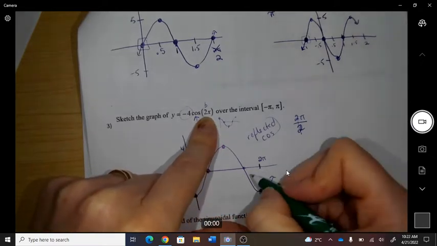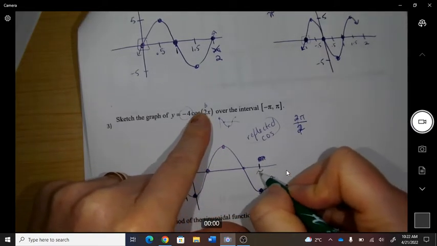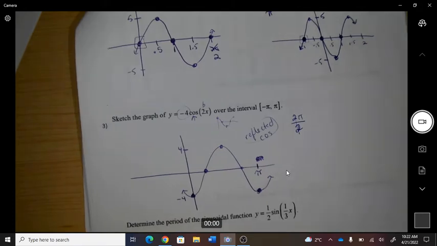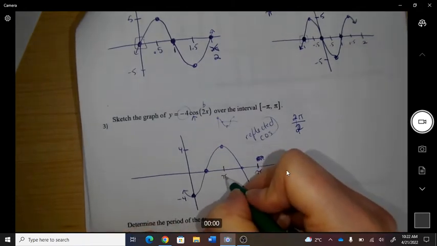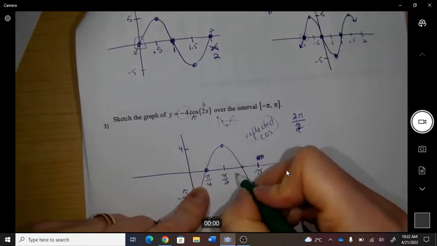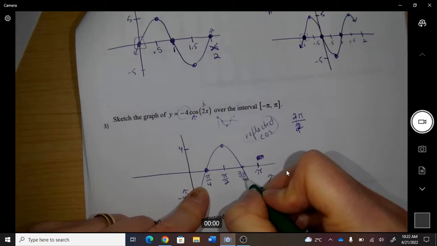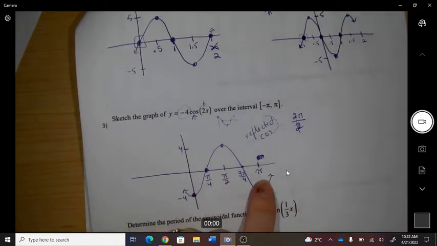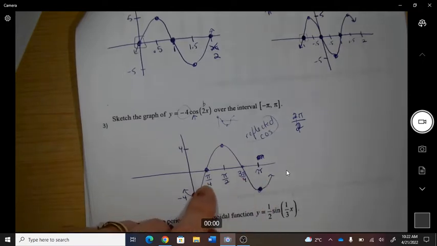So then this is now going to be pi. Okay, so this is pi over 2. This would be pi over 4. This would be 3 pi over 4. Because pi divided by 4 is a quarter pi, so each time you're going up by a quarter pi.